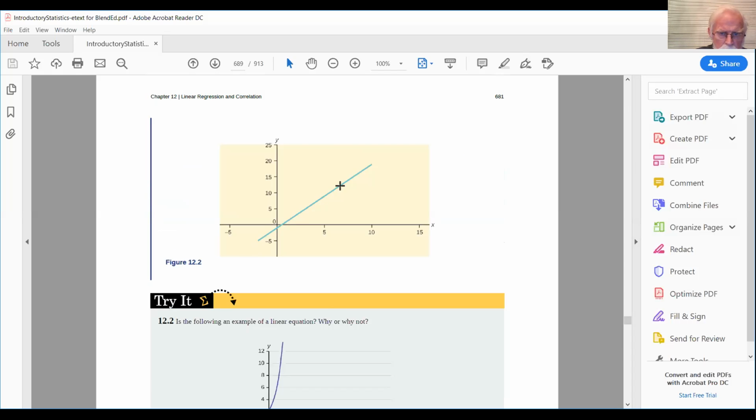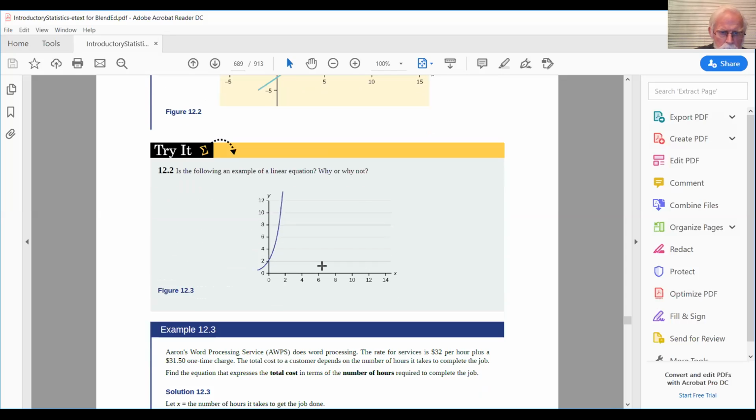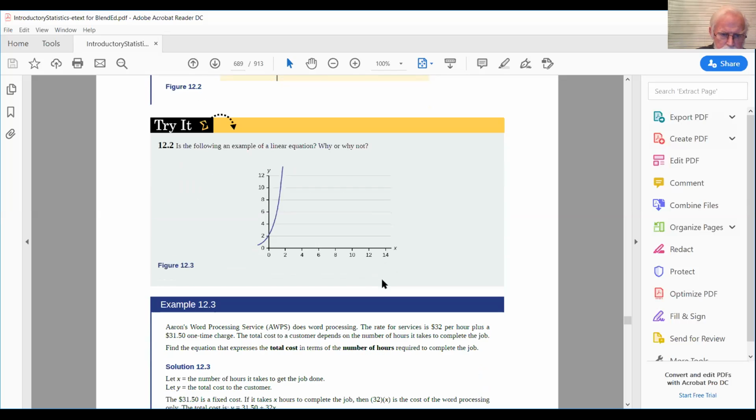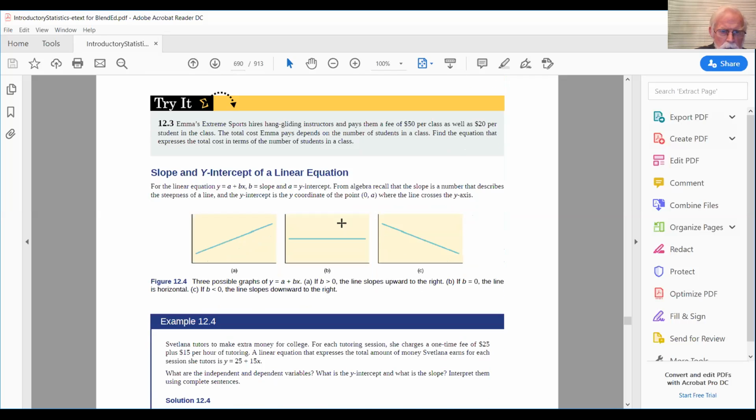And if we calculate the slope, we would see that it was actually 2 times x. A linear equation is always a straight line, so anything that's curved is not linear. So this graph shown is not a linear graph.